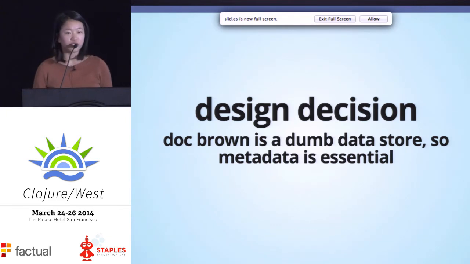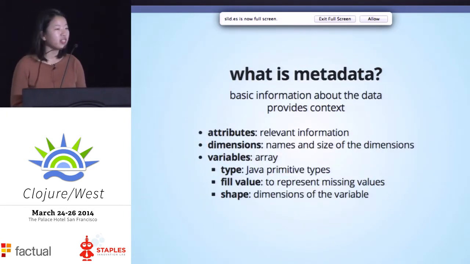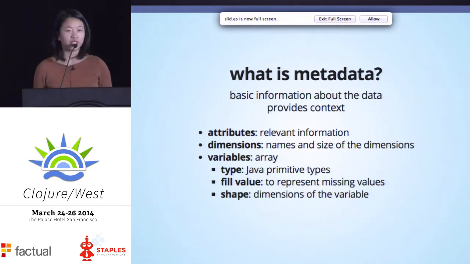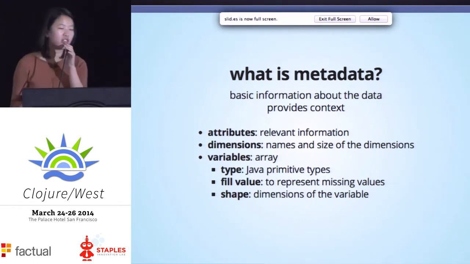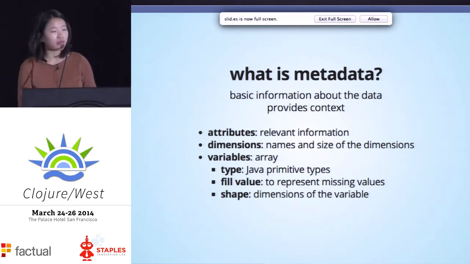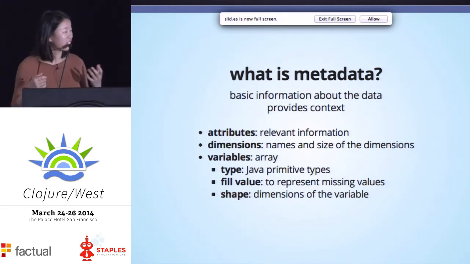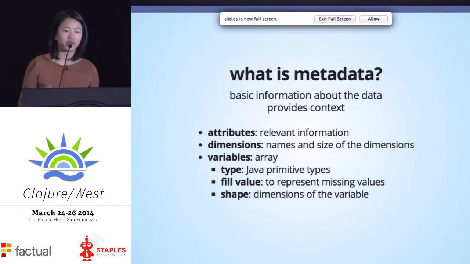One of the first design decisions was that Doc Brown is a dumb data store, and so metadata is essential. What is metadata? Metadata provides basic information about the data. It provides context, like what do I do with this array? We have some attributes which provide you relevant information, like the dimensions that my data set is defined upon and how long each is.